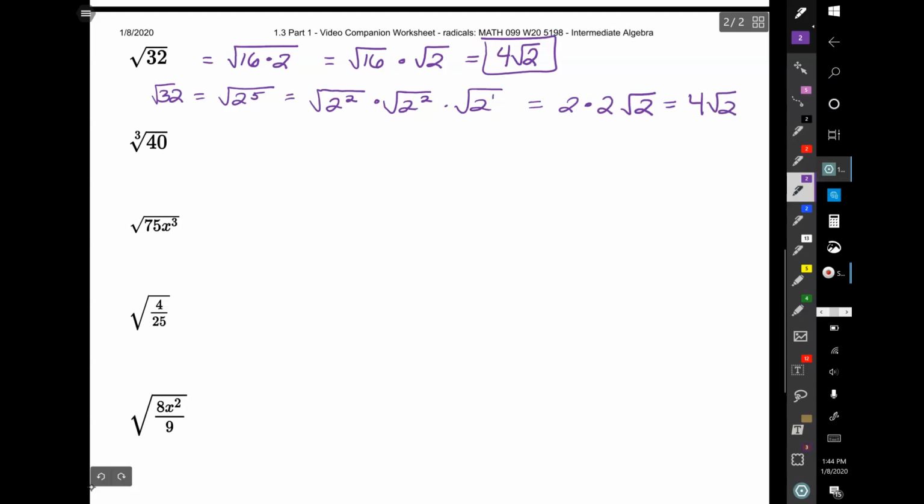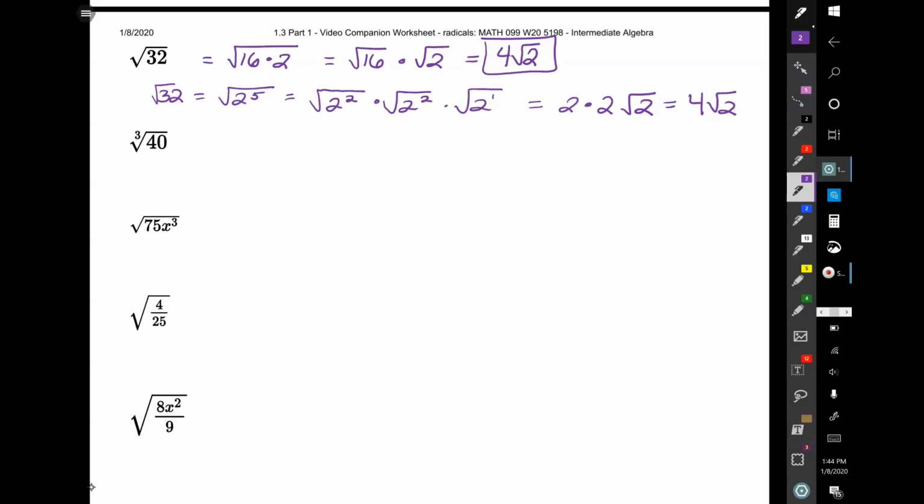That's the same answer as we got above. Just a little bit longer method, but if you have trouble recognizing the perfect squares and making factors that work out nicely, you can break it down to a product of its primes and put it in exponent form.